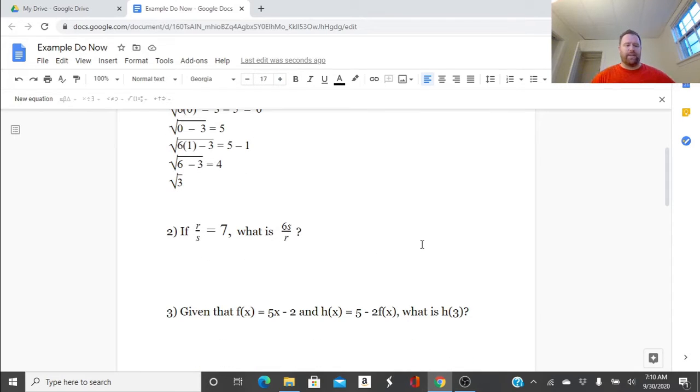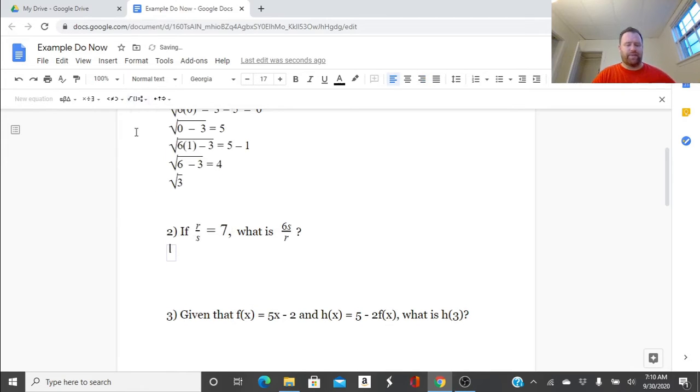All right, this next one we have, if R over S equals 7, what is 6S over R? So another way I can write R over S equals 7 is R over S equals 7 over 1, okay?